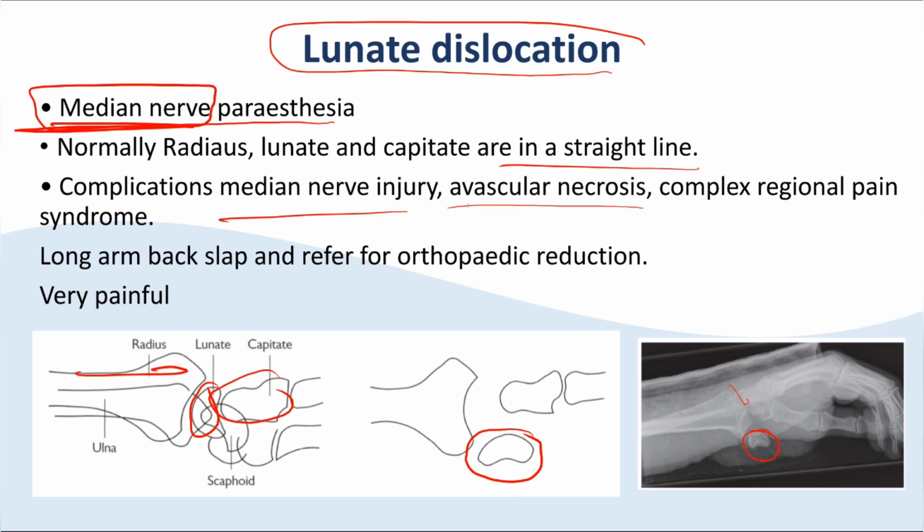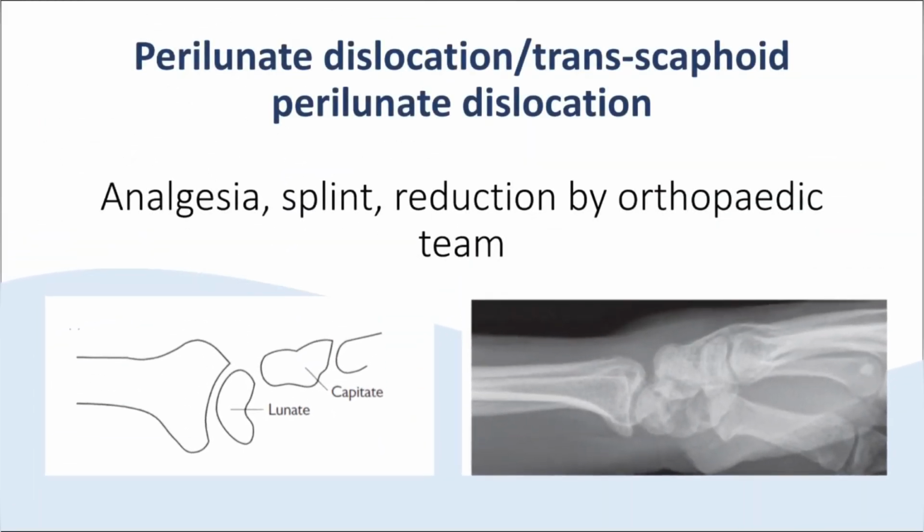Sometimes it leads to avascular necrosis and also complex regional pain syndrome. You have to put the patient on a long arm back slab and then refer for orthopedic reduction. It's a very painful dislocation, so you have to give appropriate painkillers.